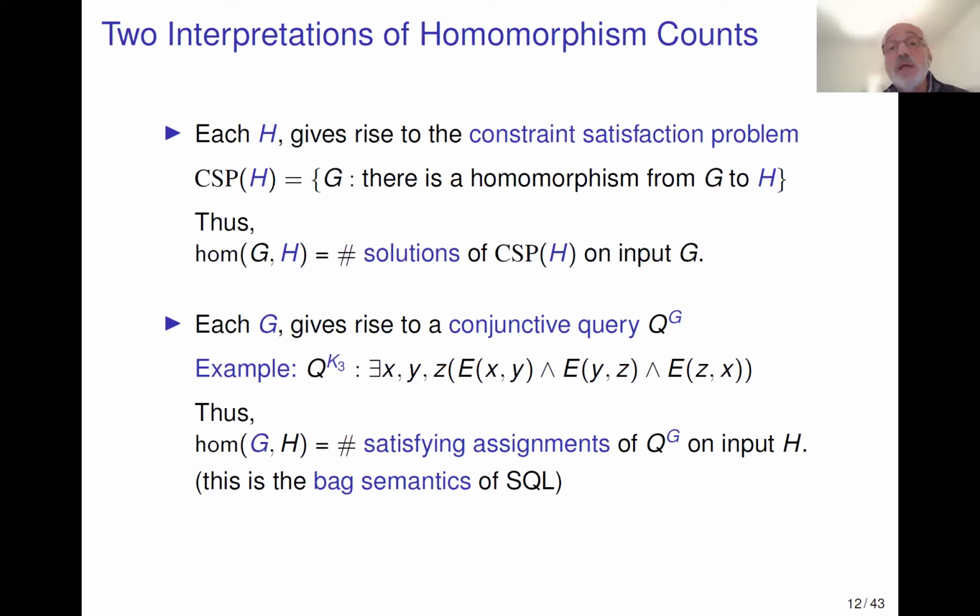If in SQL you write this query and E is a relation that encodes a graph in the database, that's what the SQL will return: the number of satisfying assignments of QG on input H. So you have these 2 different perspectives on the same quantity, one time from the point of view of constraint satisfaction, the other time from the point of view of conjunctive queries and databases.